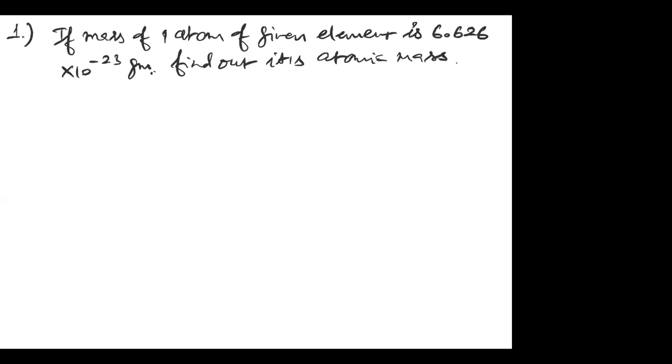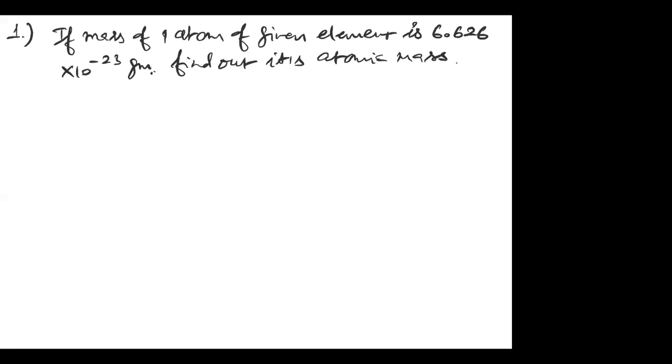If mass of one atom of given element is 6.626 multiplied by 10 to the power minus 23 gram, you have to find out its atomic mass.